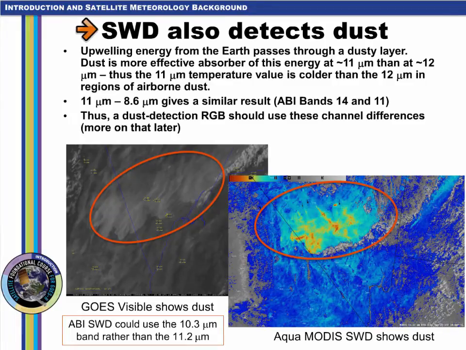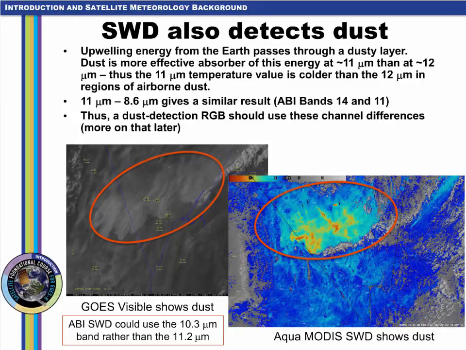When energy radiates upward from the surface through a dust layer, the amount of absorption and subsequent re-emission varies with wavelength. In particular, dust is a good absorber of 11 micron radiation, but a not-so-good absorber of 12 micron radiation. 11 micron energy leaves the warm surface and is absorbed by dust higher in the atmosphere, and then re-emitted from that higher level where the temperature is cooler. 12 micron energy leaves the warm surface and passes through the dust without being absorbed as much, so there is less re-emission from colder, higher levels.